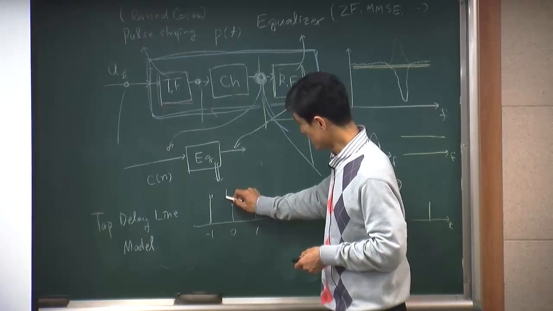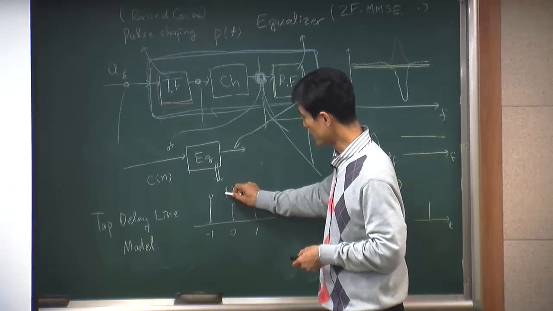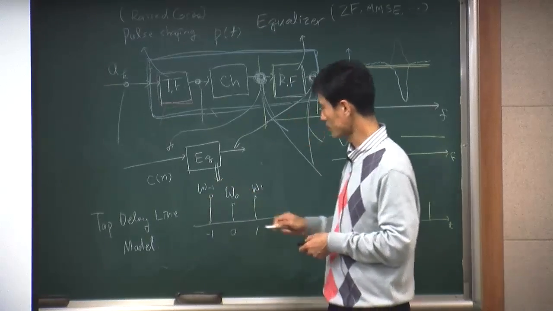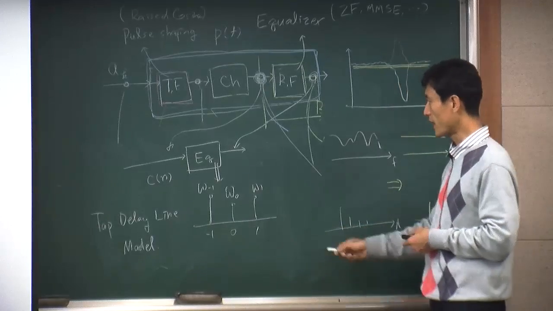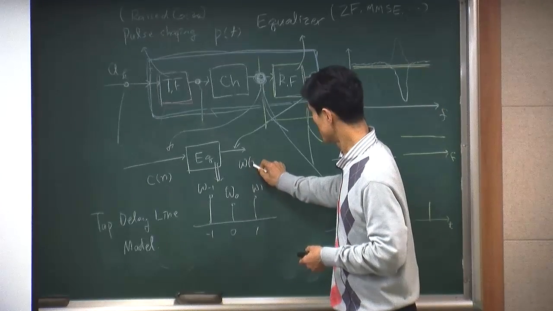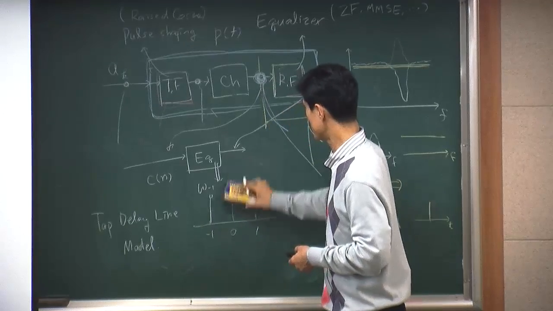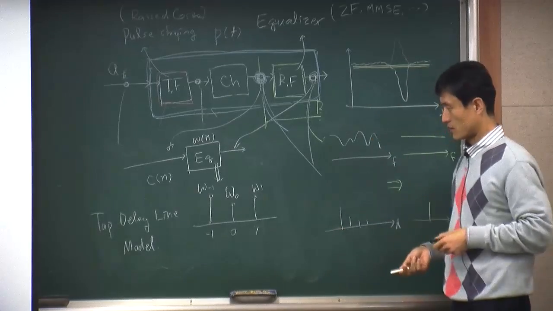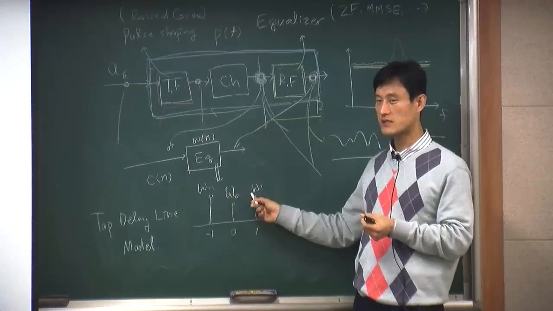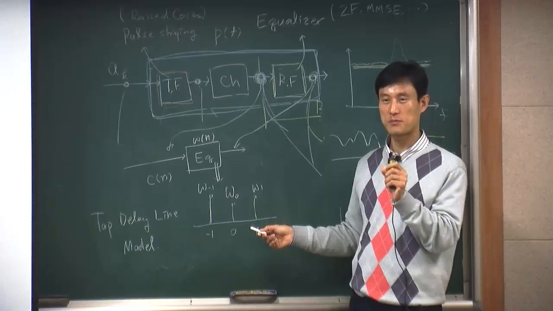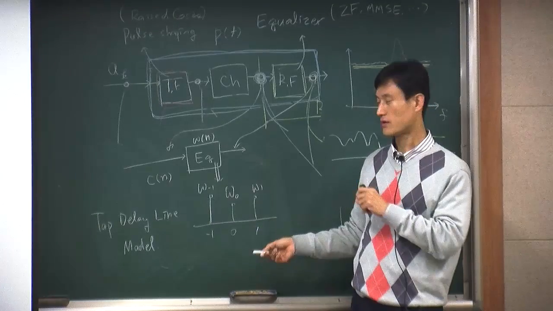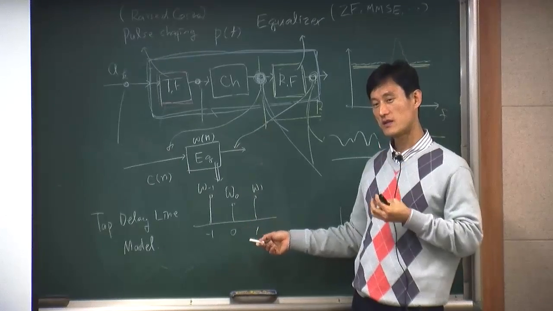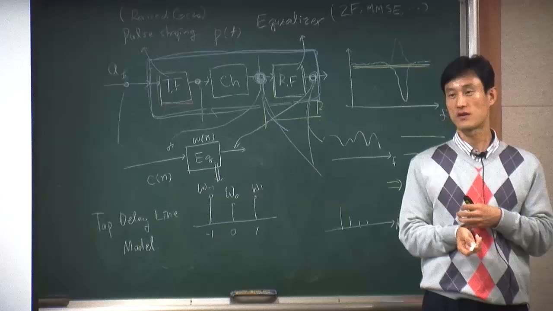I'm going to call the weight or the gain or coefficient for each one Wn, my equalizer coefficient. What that means is each W is a complex value, A plus jB. So we have 3 different values. This is how to calculate the filter generally.